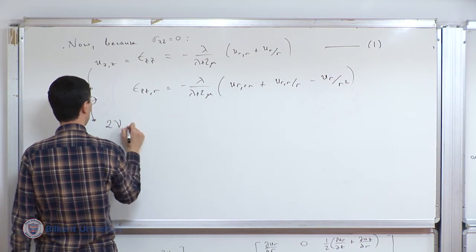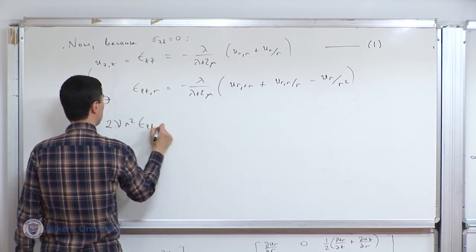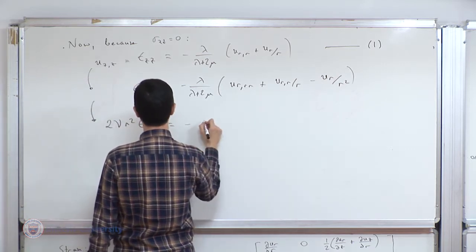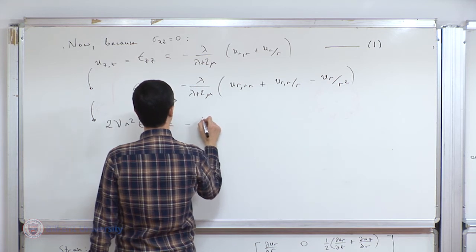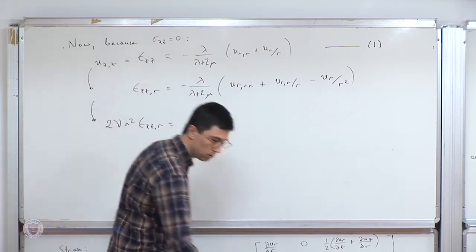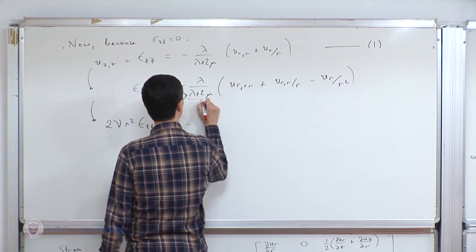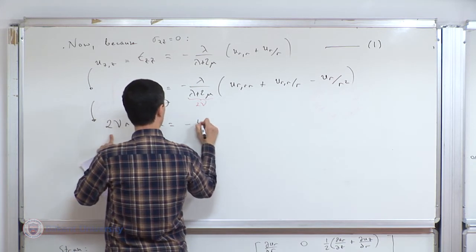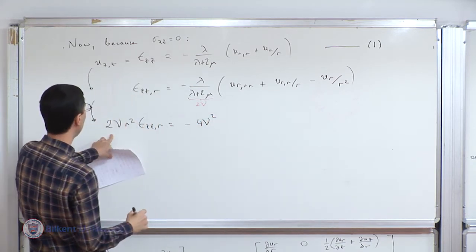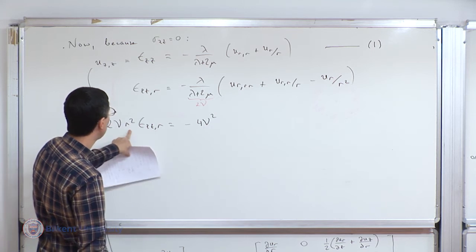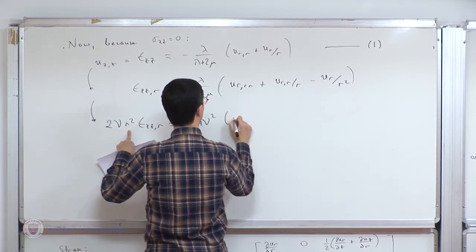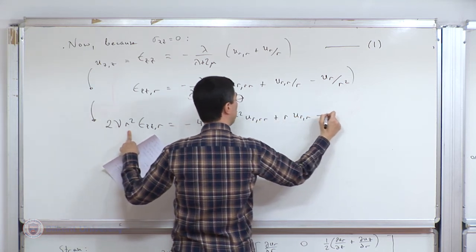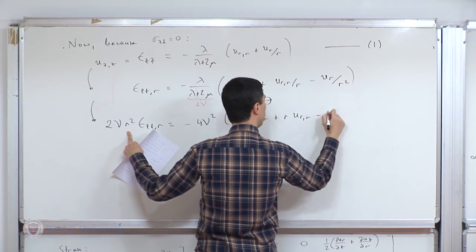So 2 times Poisson ratio times R squared, epsilon ZZ comma R is minus... So this, again, is equal to 2 times Poisson ratio, which I can also simplify so that I get 4 times the Poisson ratio times (R squared U_R,RR plus R U_R,R minus U_R).